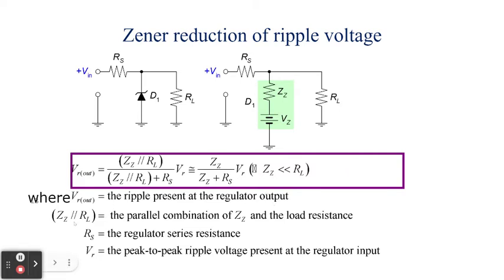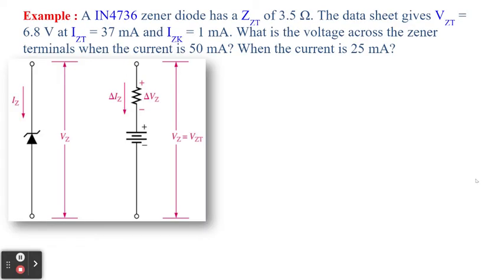The ZZ parallel lines RL means the parallel combination of ZZ and the load resistance. And RS is the regulator series resistance, of course. And VR is the peak to peak ripple voltage present at the regulator input. So this is about the Zener reduction of ripple voltage.